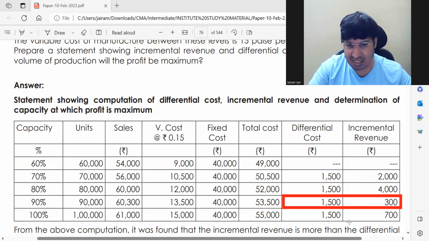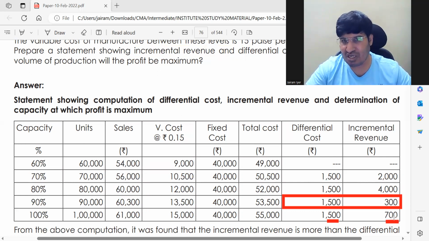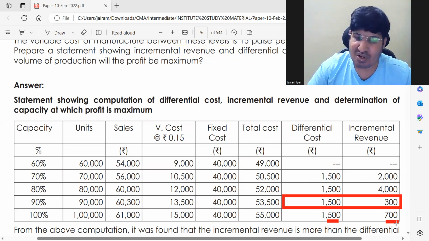Now, if in the next one, let us say your incremental revenue, in place of 700, you got 4,000, then what will you do? Will you stop here or will you come till here?